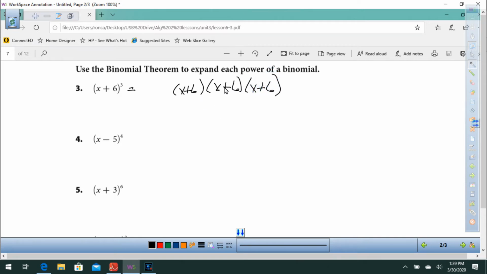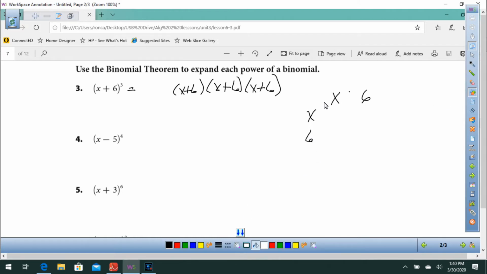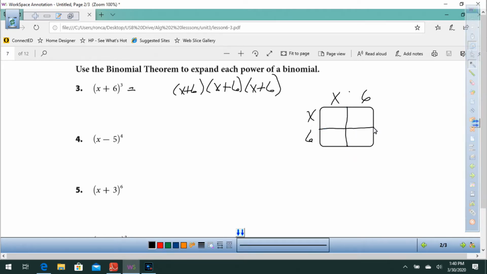Okay? And then we might do, well, if we did x and then 6, x and then 6, and let's see here, let's put this little box here and draw a line through there. X times x is x squared.